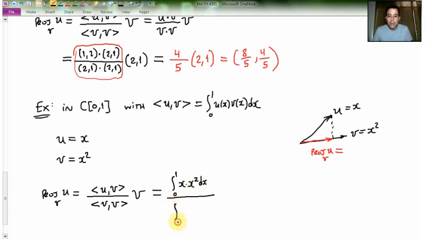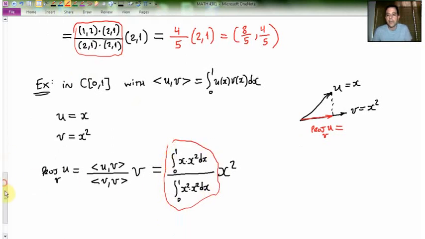And the denominator is the integral from 0 to 1 of, oh wait, it's v with itself, so it's x squared times x squared. And this is times v. So you can see that this is a scalar, a number.